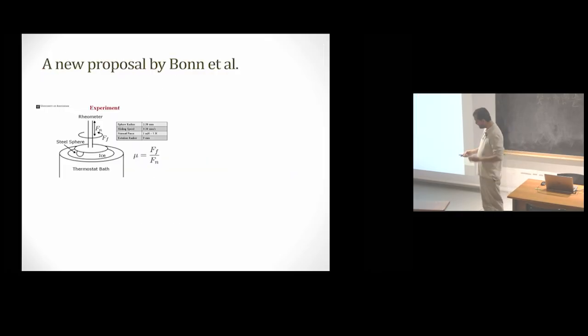So let's try to understand what the arguments put by Bonn are, because they're actually quite influential, and I think they have triggered a little bit of additional activity on this topic. Okay, so what Bonn does is use a tribometer, which is essentially a steel sphere attached to some axis, and you just rotate the sphere.